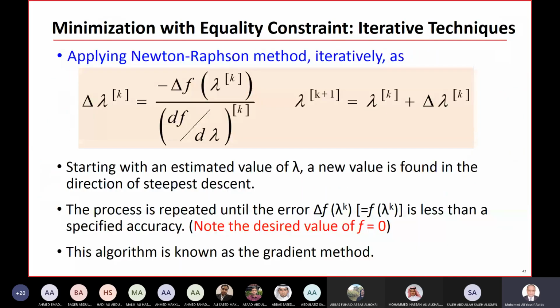Here, for example, if you want to search for the minimum value of this function, you start at this point, get the derivative and the function value, then get the derivative and the function value at the next point, until you reach the minimum.